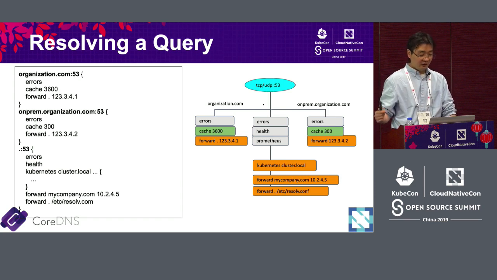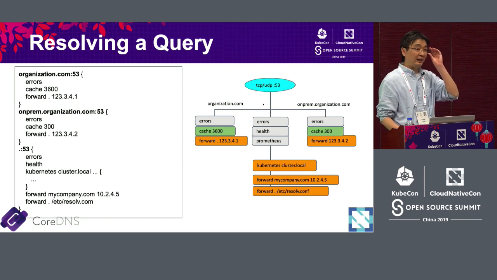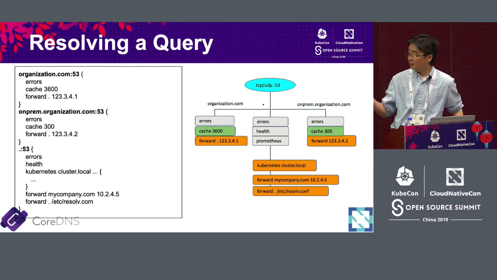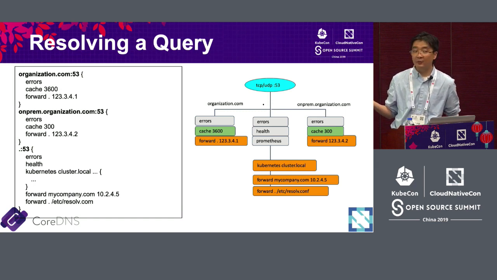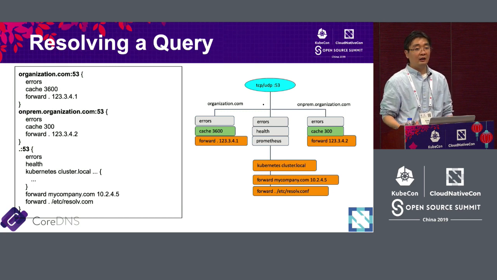When a query comes in, first it's going to find out the suffix domain and see if it's a match. If it is a match, it's going to go through each plugin and traverse through the plugins one by one until one plugin decides this plugin is going to do the job. If this plugin does the job, it's going to return the answer, and the process will stop.